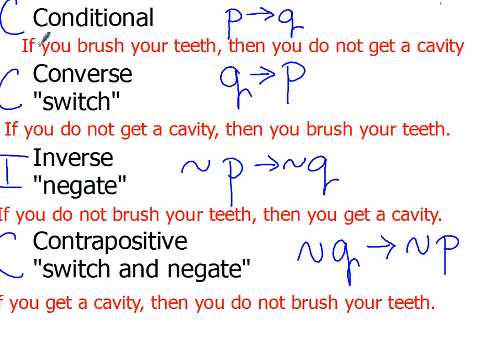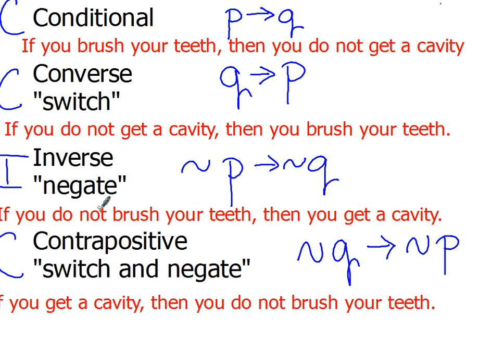So for example, the conditional statement is if you brush your teeth, then you do not get a cavity. Well, we're going to switch the hypothesis and conclusion around. So the converse would be if you do not get a cavity, then you brush your teeth. So you keep the exact same thing, exact same value, switch around. The inverse is when you negate it.